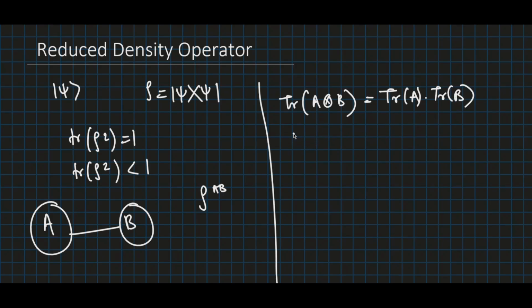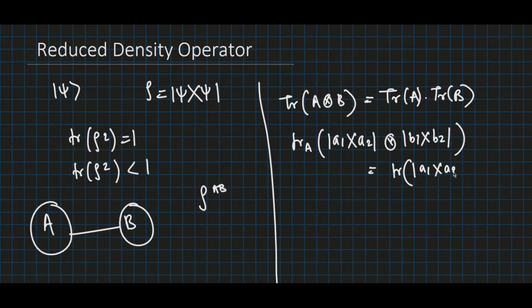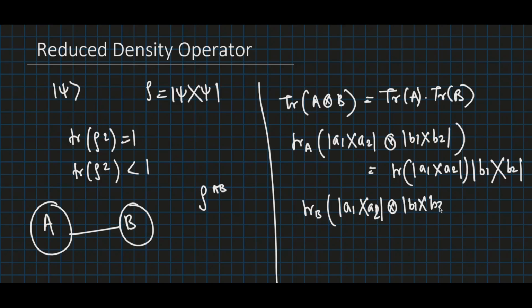Suppose for A, partial trace of A into the composite system A1 A2 tensor product B1 B2 would be equal to trace of A1 A2 into B1 B2, where this trace has the usual operation. Similarly, the partial trace of system B would be equal to trace of B composite system A1 tensor product B1 B2 equal to A1 A2 into trace of B1 B2, where A1 A2 and B1 B2 are the vectors in the state space of A and B.